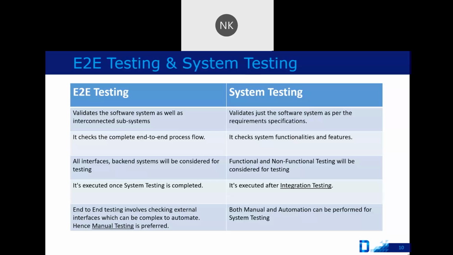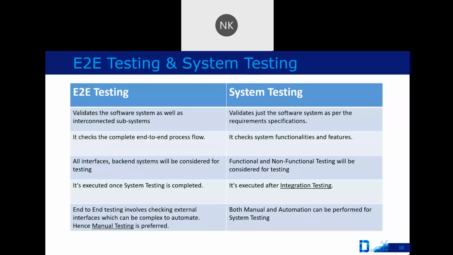Also, system testing checks the system functionalities and features, but E2E testing checks the complete end-to-end process flow. So we are checking the whole process. We never miss anything. We are trying to figure out everything from the start to the end. So that is the difference.